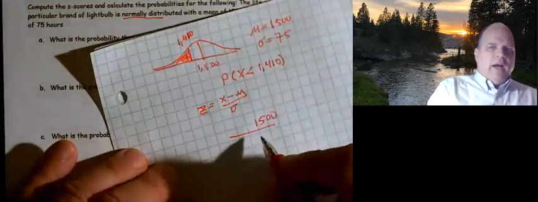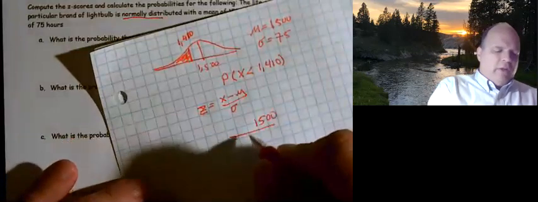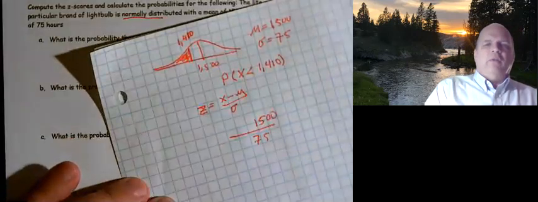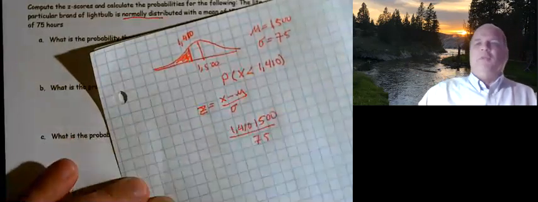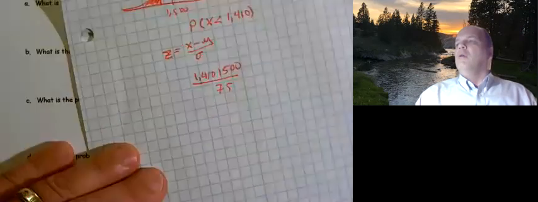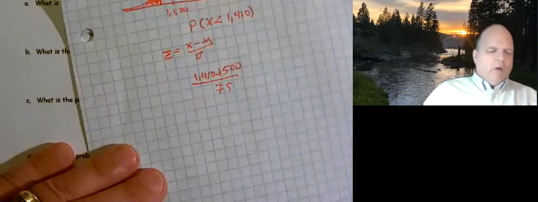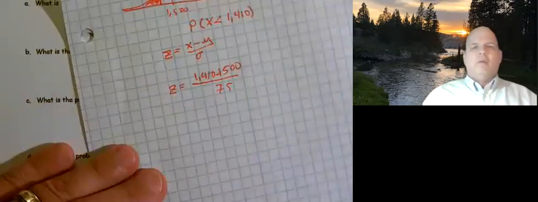We know that we have a standard deviation of 75, and we also have an x value of 1,410. I'm going to see if I can pause this for a moment, see if I can't do something about these shadows. It doesn't look like it did much good about those shadows, but we end up with 1,410. So this is our z-score.